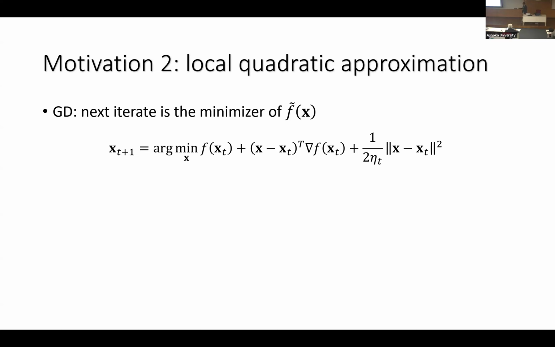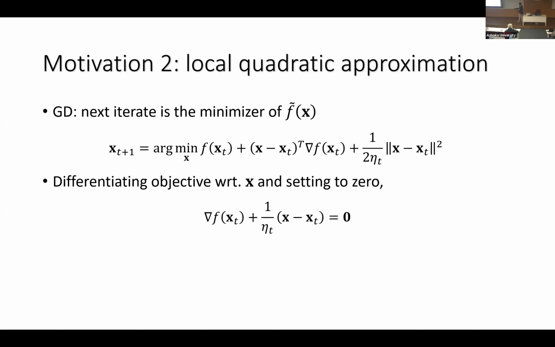Just differentiate, take the gradient with respect to x. This is the gradient. Set it equal to 0. You will get x equal to xt minus eta t times gradient. So this is another way of interpreting gradient descent.